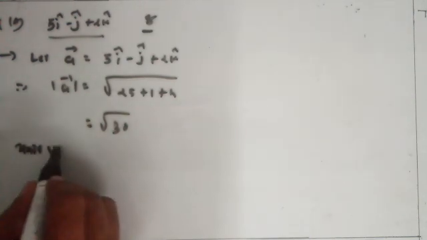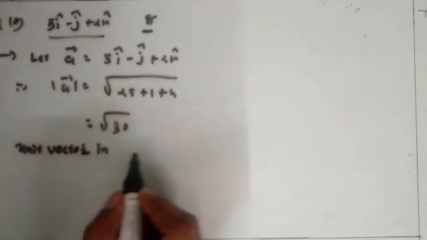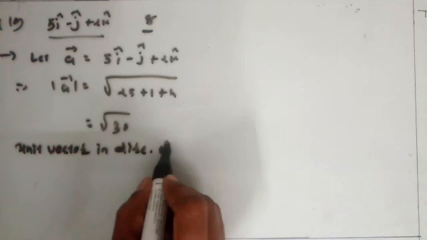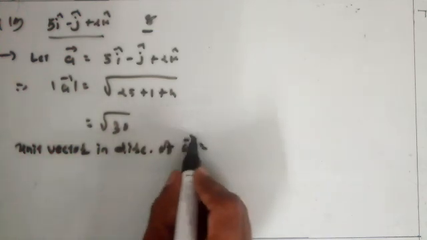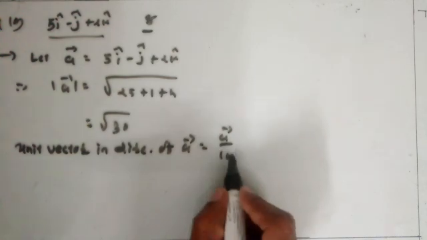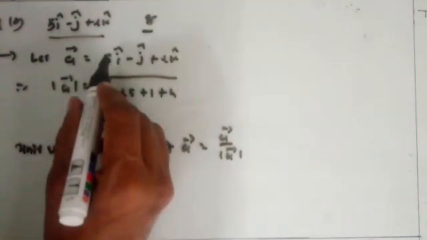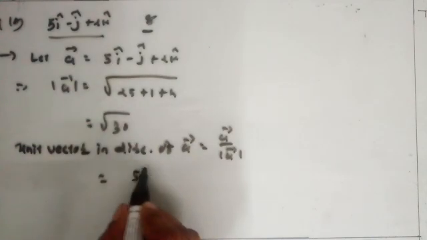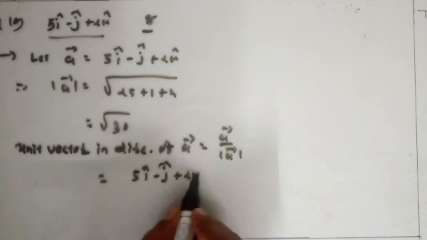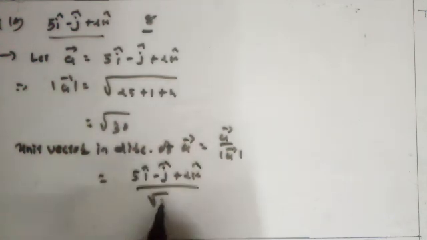Unit vector in the direction of A is equal to, we know that, A upon mod of A, which is 5i minus j plus 2k upon mod of A, which is root of 30.